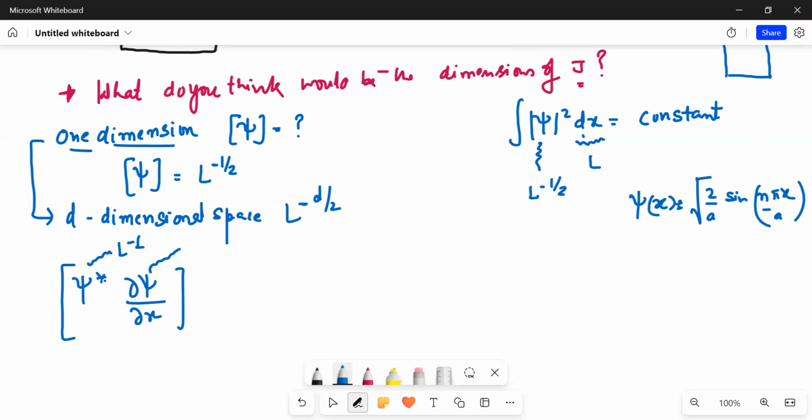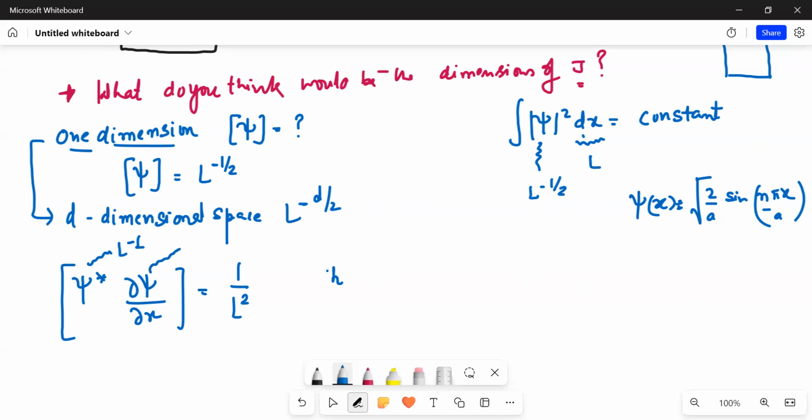So basically they too will have a dimension of L to the minus half. And x, the dimension of x is again L. So the dimension would be simply 1 upon L square here. I think this is clear.